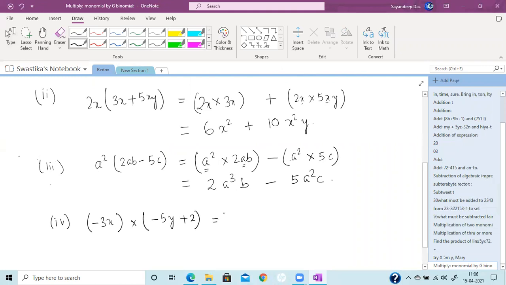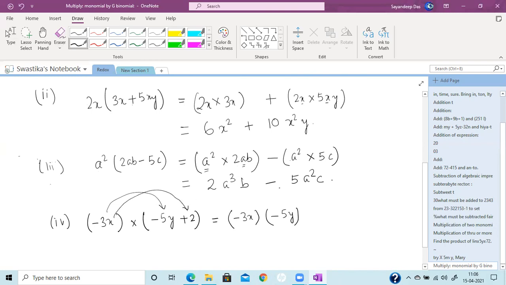Now see here, what you will have to do is use the distributive law. Minus 3x into minus 5y. That means with this monomial, first you multiply the first term, then you multiply the second term.